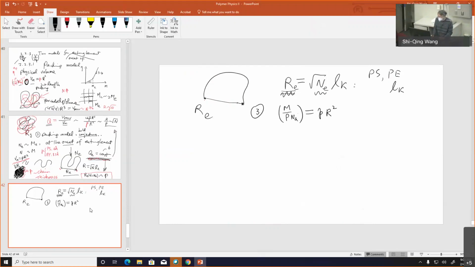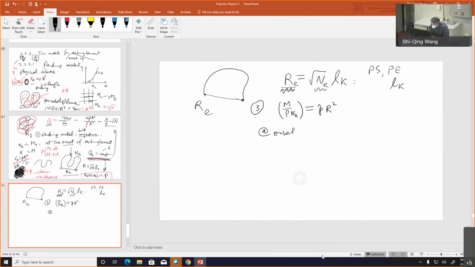I'm just rewriting it at the onset of entanglement, in other words, when M is M_E, R is R_E.